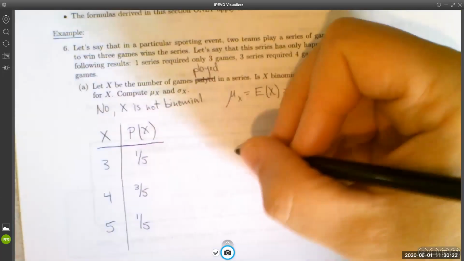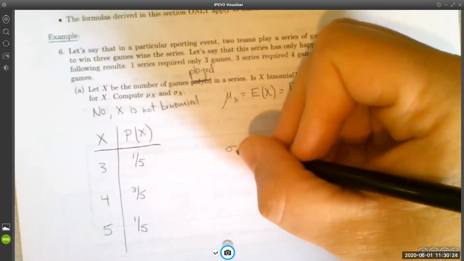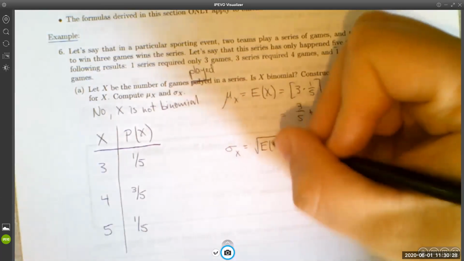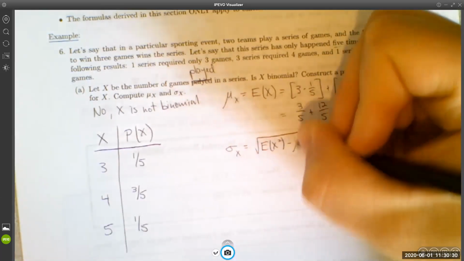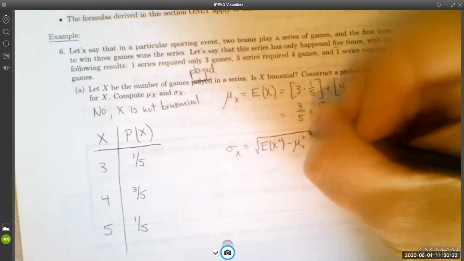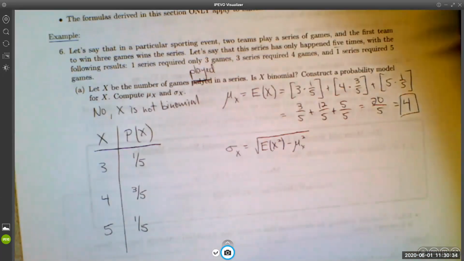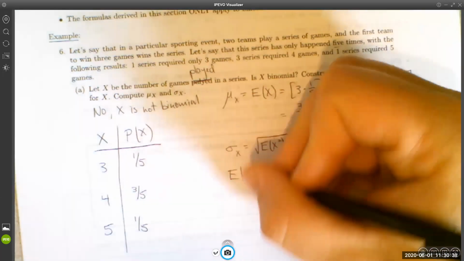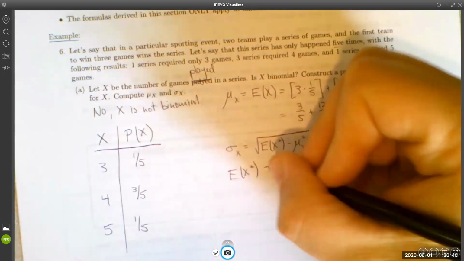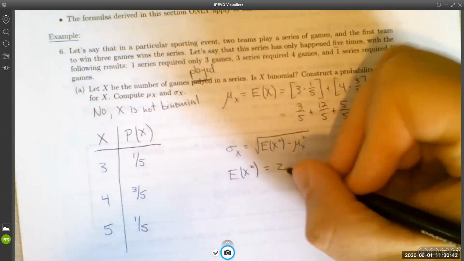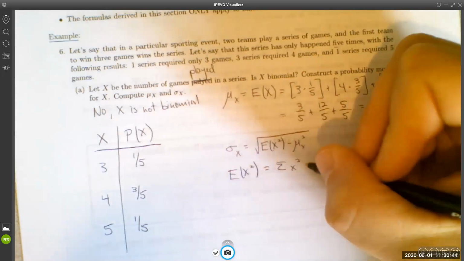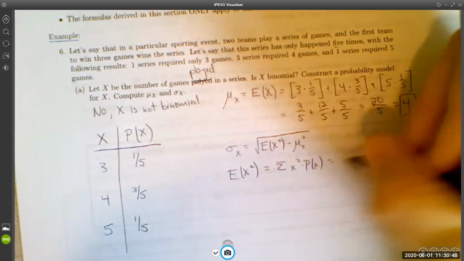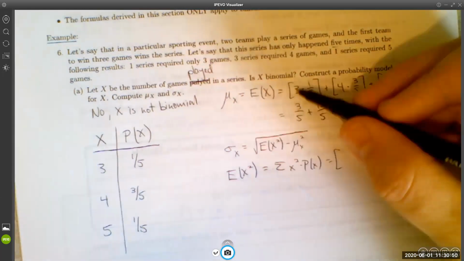The standard deviation is the square root of the expected value of x squared minus the mean squared. Well, the expected value of x squared, let's do some scratch work, right? So we're going to do the same thing we did before, but we're just going to square the x's.